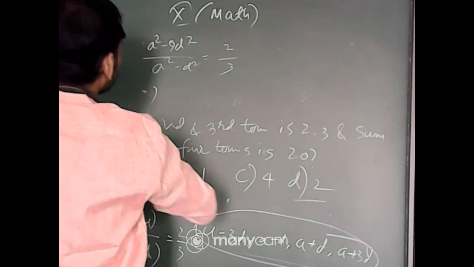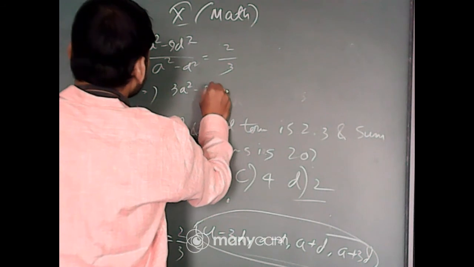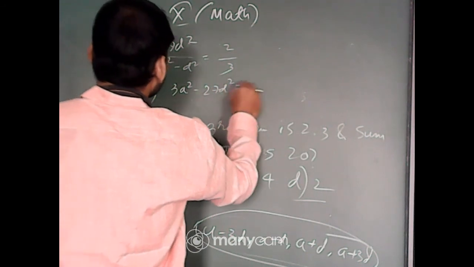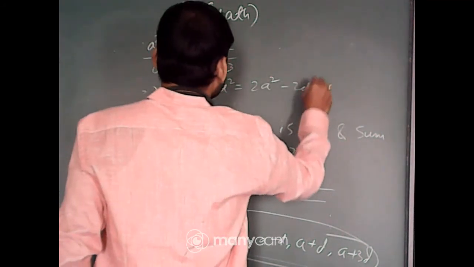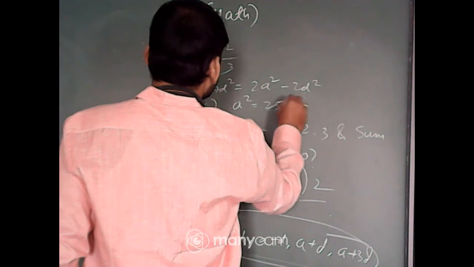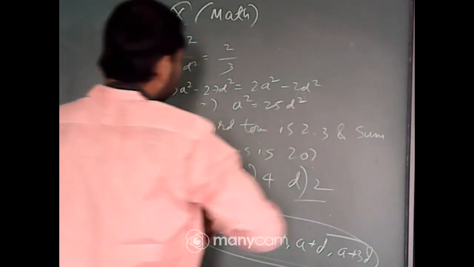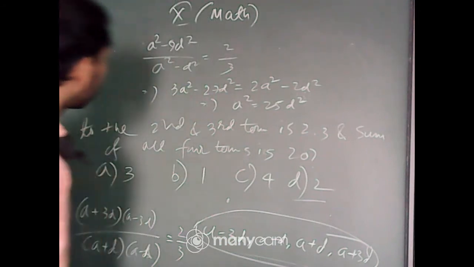That means 3A square minus 27D square equals to 2A square minus 2D square. That means A square equals to 25D square. Here A equals to what?